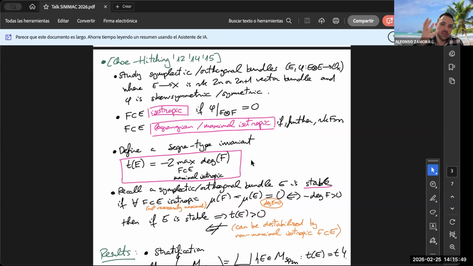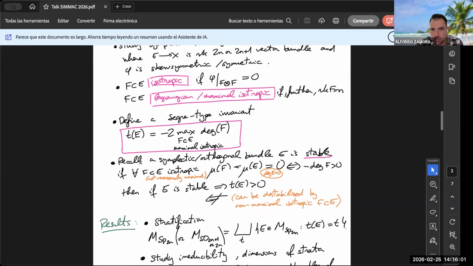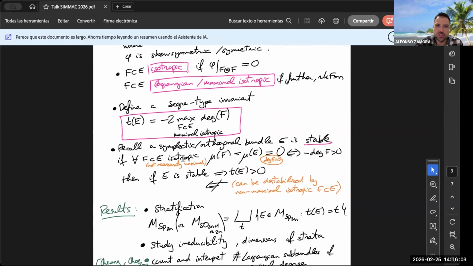Then they define a Segre-type invariant, which is this T, which is the negative of 2 times the maximal degree of a maximal isotropic subbundle. I also recall the definition of symplectic and orthogonal stable bundles coming from the theory of Ramanathan, and there are many studies of these kinds of bundles.